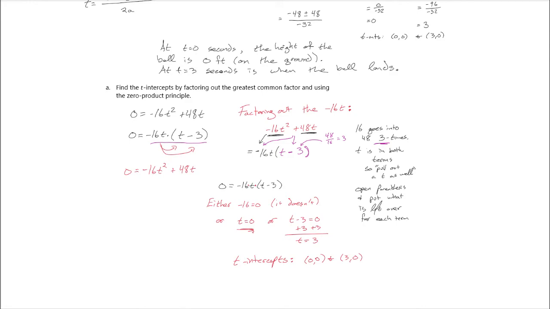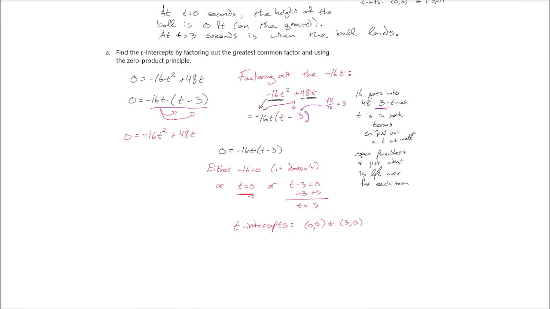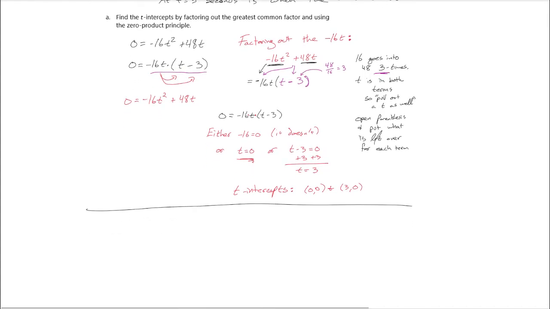This video is getting a little long, but I do want to say one other thing. Because I was talking through how this works, it felt like it took a long time. But let's run through this one more time and see how quick and simple it really is. I have 0 equals negative 16t squared plus 48t.